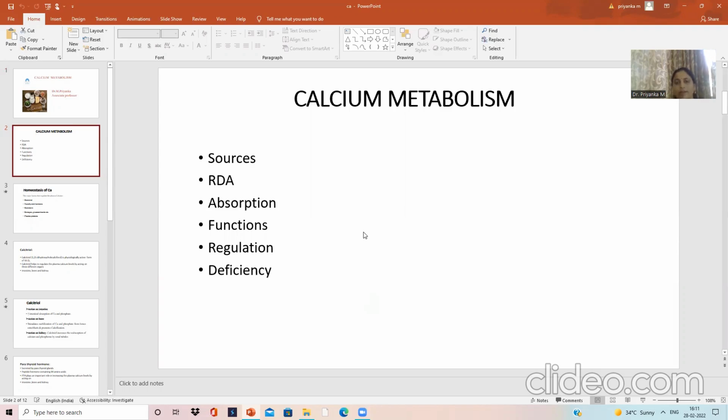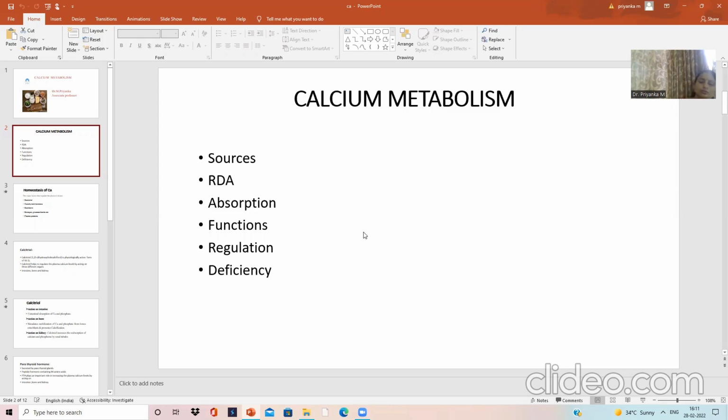It is also required for activation of many enzymes, and helps in the synthesis and secretion of hormones. It acts as an important factor in blood coagulation. It also acts as a secondary messenger and has a role in the heart, etc. So there are many functions of calcium.